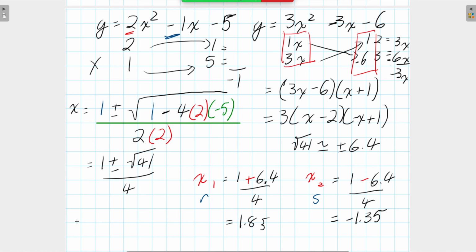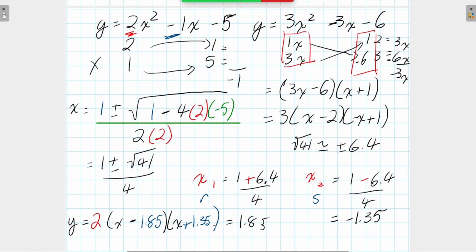I can make a factored form out of this. I mean, it's a little unorthodox. The a value, like we said, is going to stay the same. I get 2. I'm going to have x minus, in this case, my r value was 1.85. And x minus negative, so we know it's going to be a positive 1.35.